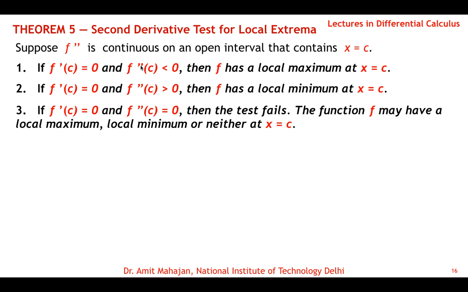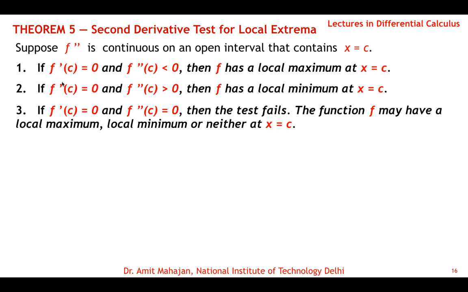If the second derivative is negative in the interval containing c, then the function is concave down in that interval, or you can say that the first derivative is decreasing in that interval. Because the first derivative is 0 at c, the derivative will decrease in that interval only if the slope changes from positive to 0 to negative. And that is only possible when you have a local maxima at x equals c.